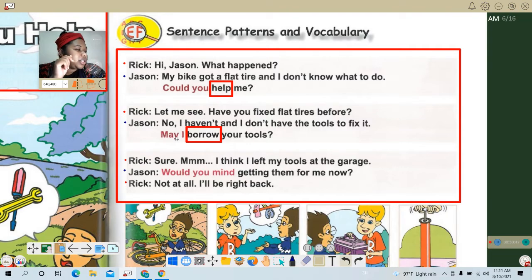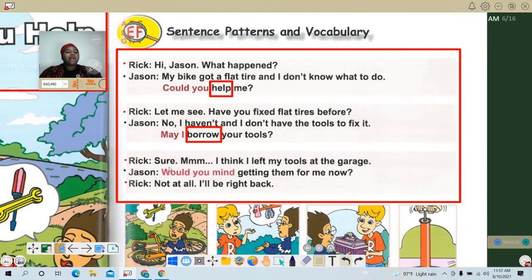If someone needs to come inside, they knock on the door. And then they ask me, may I go inside? May I take my things? So you don't say, may I going? No. May I taking? No. Just the verb. May I go inside? May I go to the bathroom? May I wash my hands? May I borrow your tools? Do you understand?